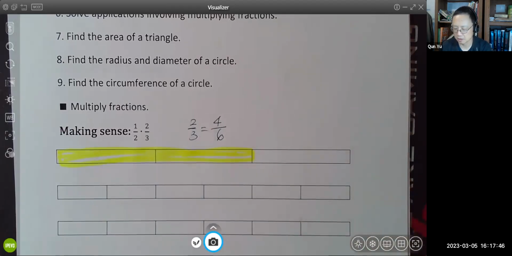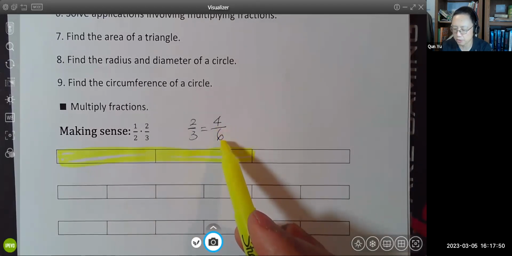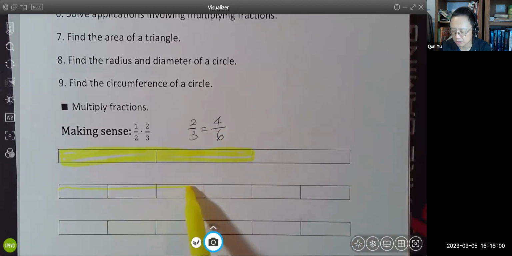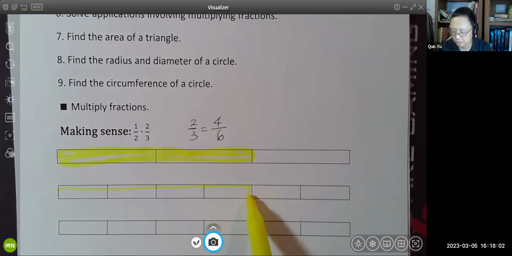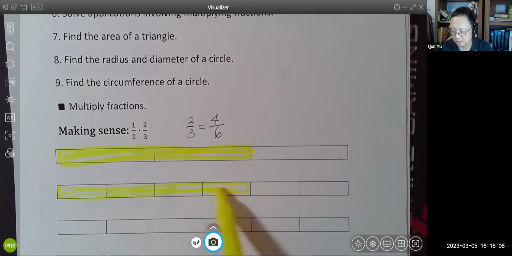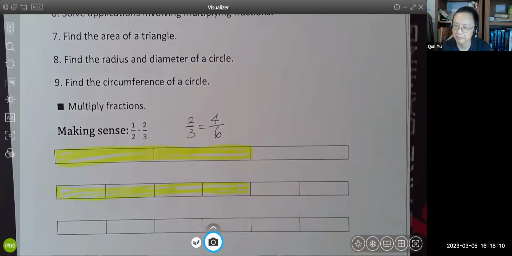Now, this is 4/6. 4/6 really means divide the whole thing into 6 equal parts. We get 4 of those. This is still the same thing. I divided it into 6 equal parts, and we get 4 out of it. So apparently it's equivalent, right? The 2/3 and the 4/6, they're the same thing.